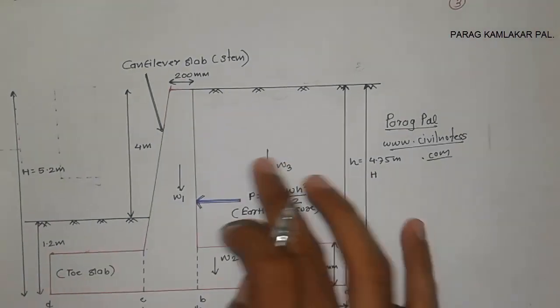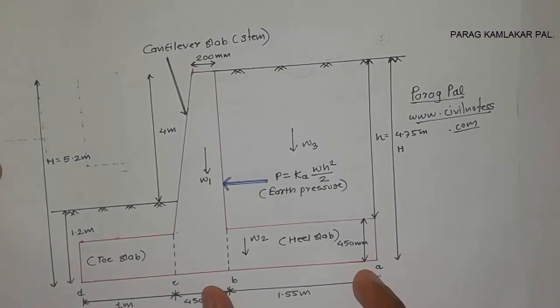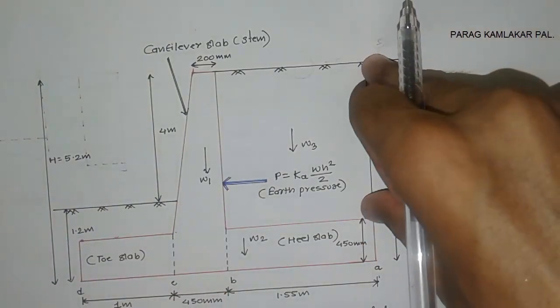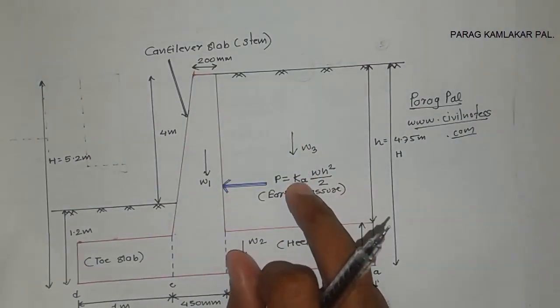Similarly with M3 and W3, how will we get it? This distance is 1.55, the 4.75 is the height, and 18 is the unit weight because it is an embankment.